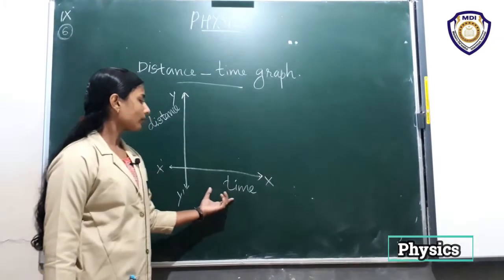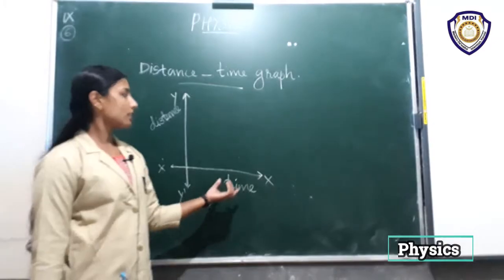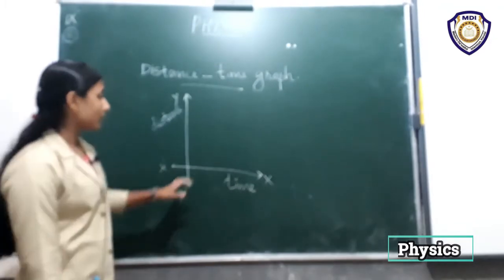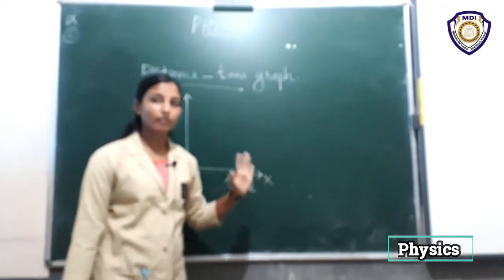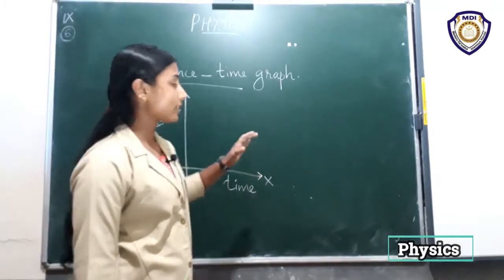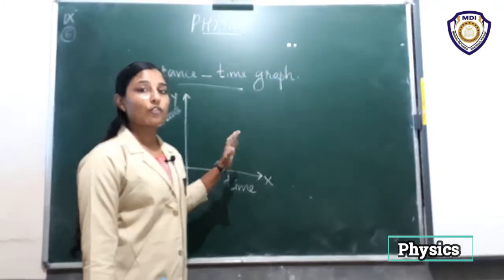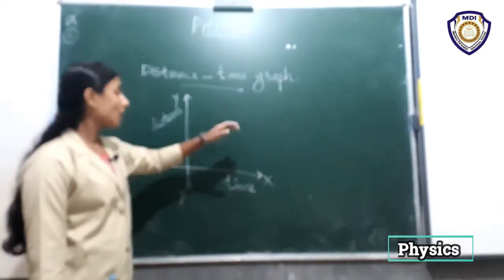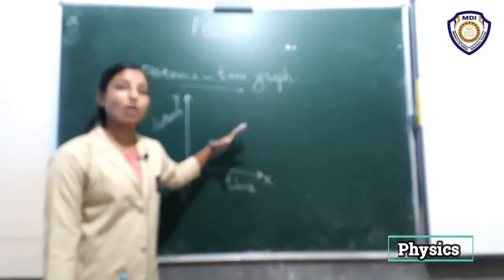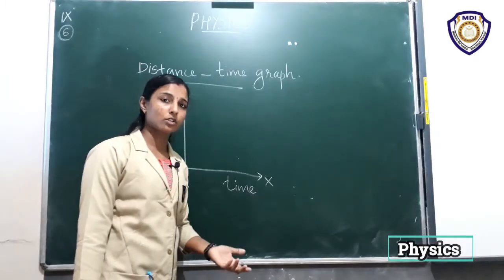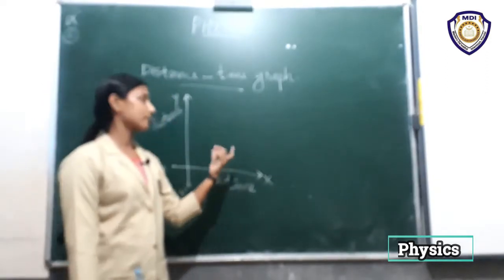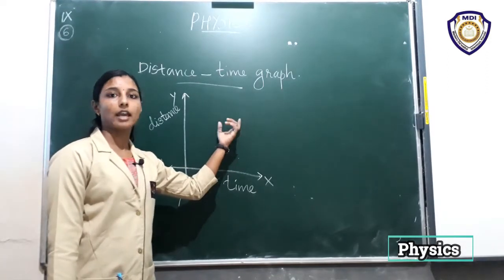And this distance-time graph can show various situations, like an object in uniform motion, or an object in non-uniform motion, or an object at rest. All these scenarios can be represented by this distance-time graph.